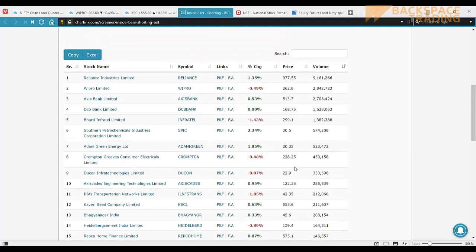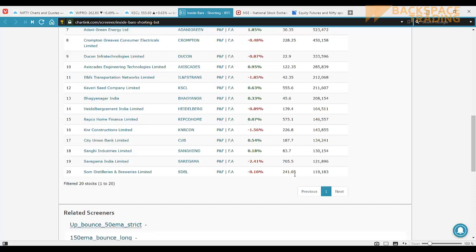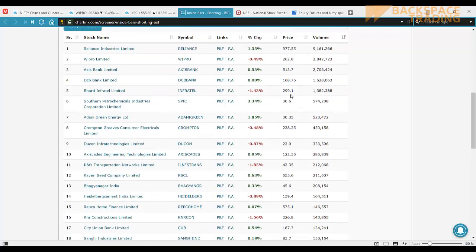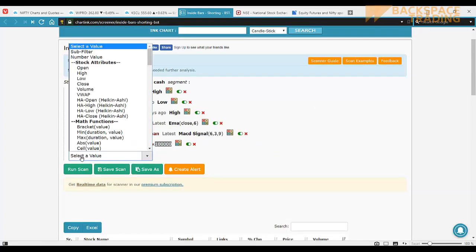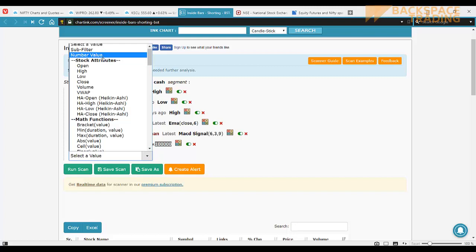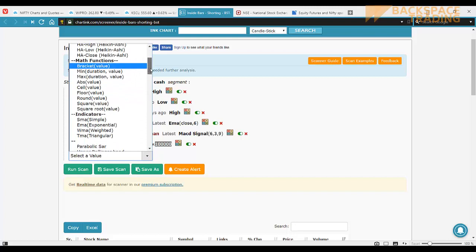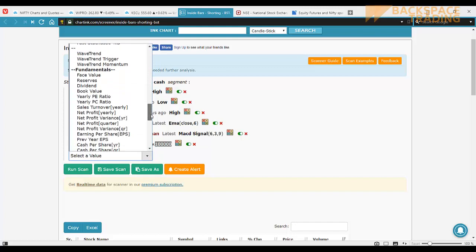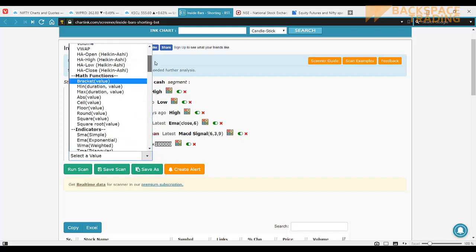See, you can do one more filter actually. You only pick the trade that is trading above 100 rupees. You don't need these penny stocks, and it's not penny stocks but 30 rupee stocks. These stocks you don't need. 42, 45, you don't need those stocks. I'm gonna put another criteria. How do I place price? I never place price. Let me check price. Okay, I can go for close itself.